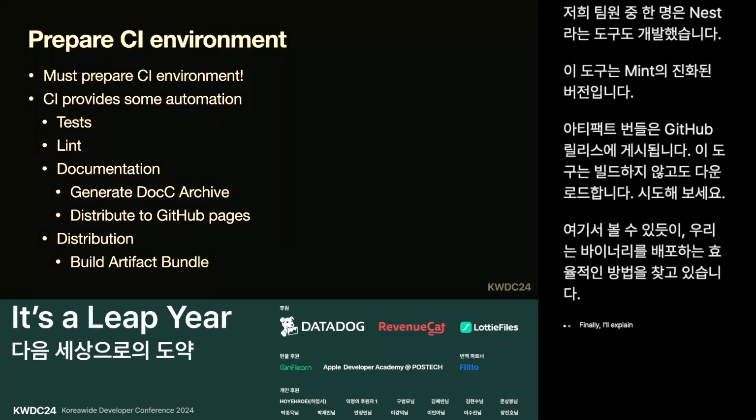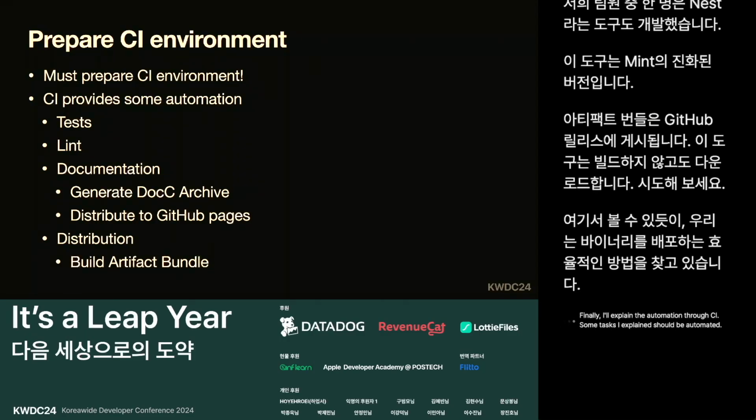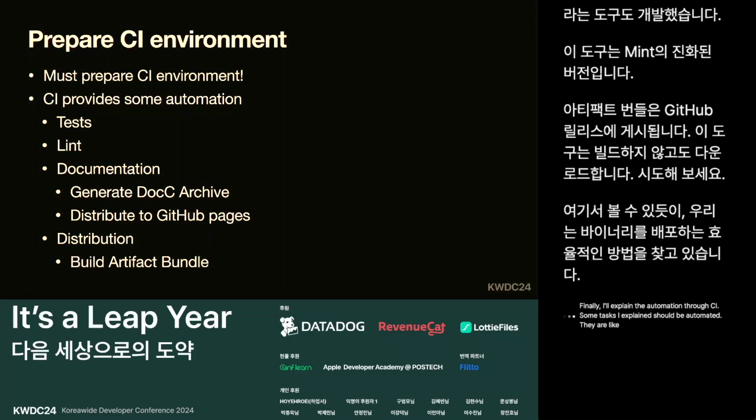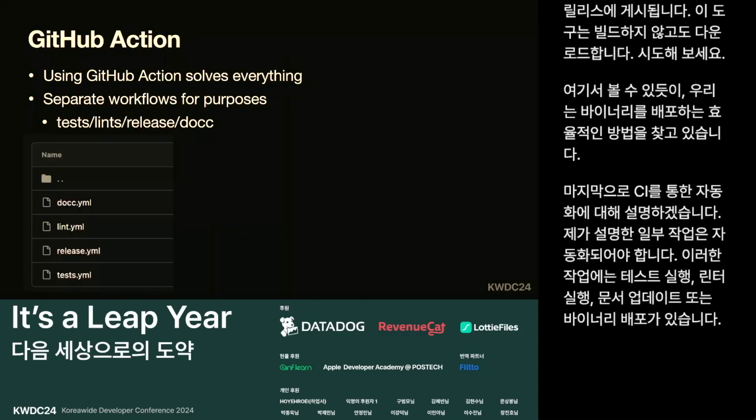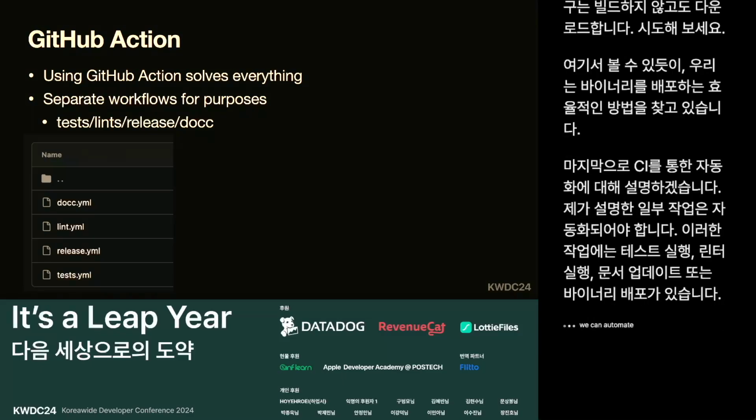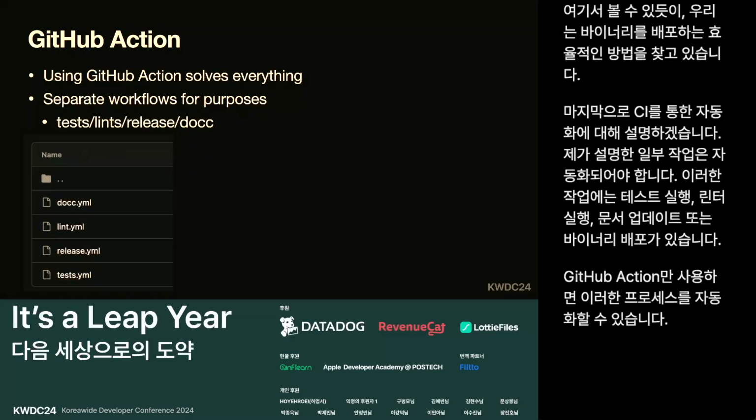Finally, I'll explain the automation through CI. Some tasks I explained should be automated. They are like running tests, executing linters, updating documents, or distributing binaries. We can automate these processes by only using GitHub Actions.